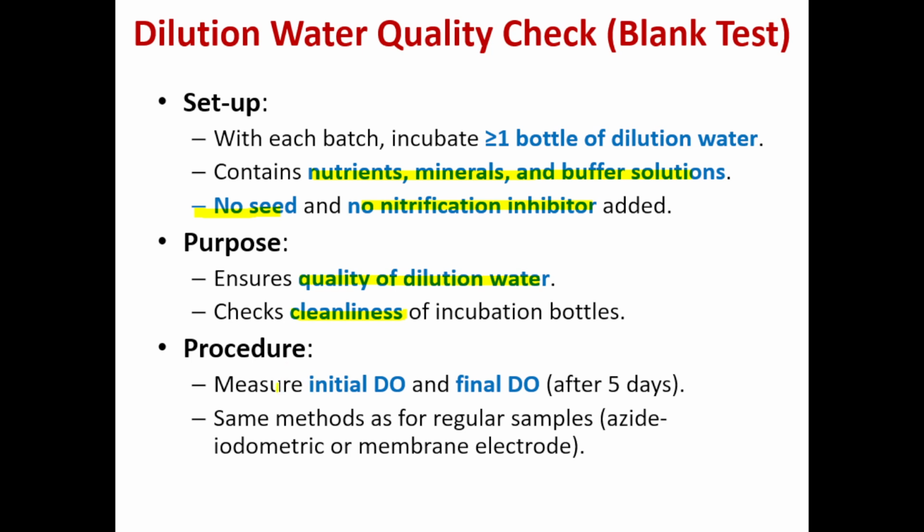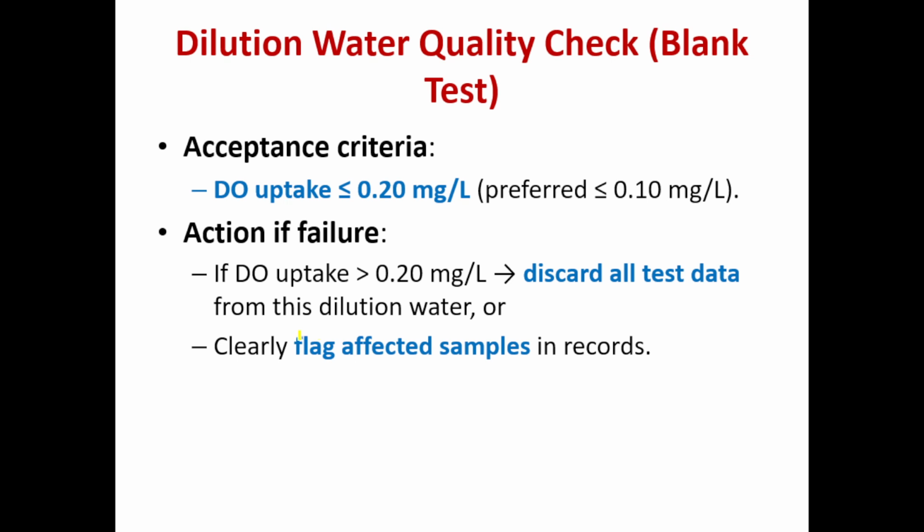For the procedure, measure initial DO and final DO after 5 days, using the same method as for regular samples: azide, iodometric or membrane electrode. The acceptance criterion is DO uptake less than 0.2 mg per liter, or preferably less than 0.1 mg per liter. If the DO uptake is more than 0.2 mg per liter, then we need to discard our test data and clearly flag affected samples in the records.